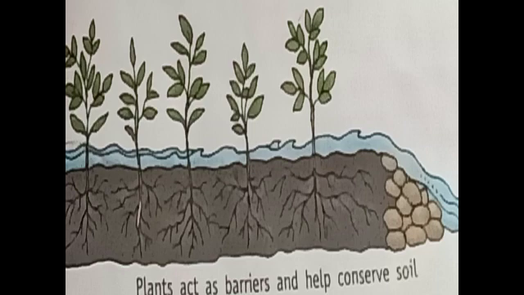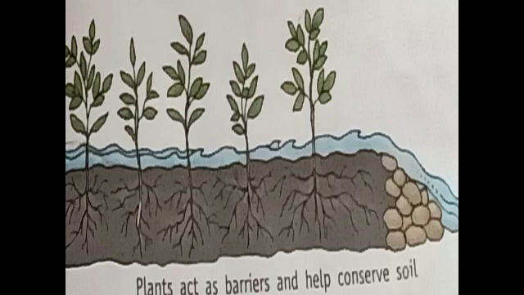Trees and grass grown on hill slopes prevent soil erosion. Afforestation is the process of planting trees, usually on non-forest lands such as hill slopes and farms.